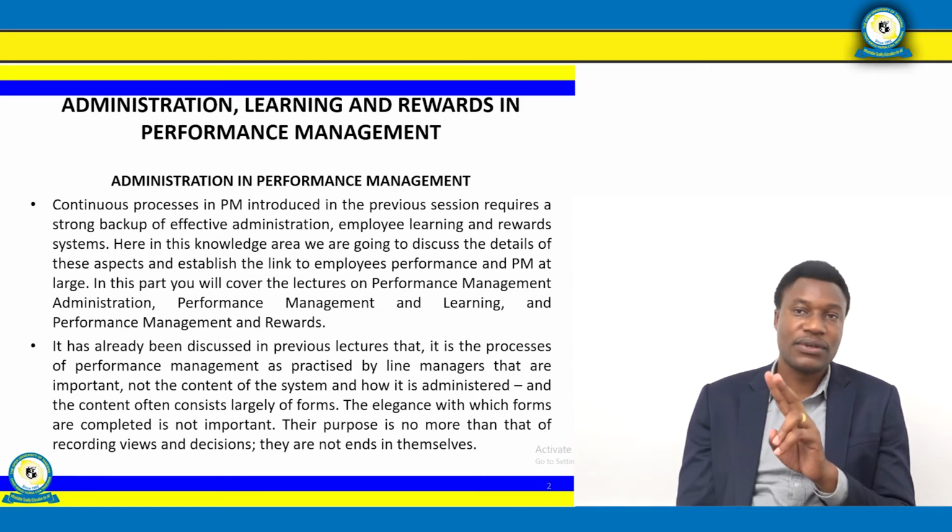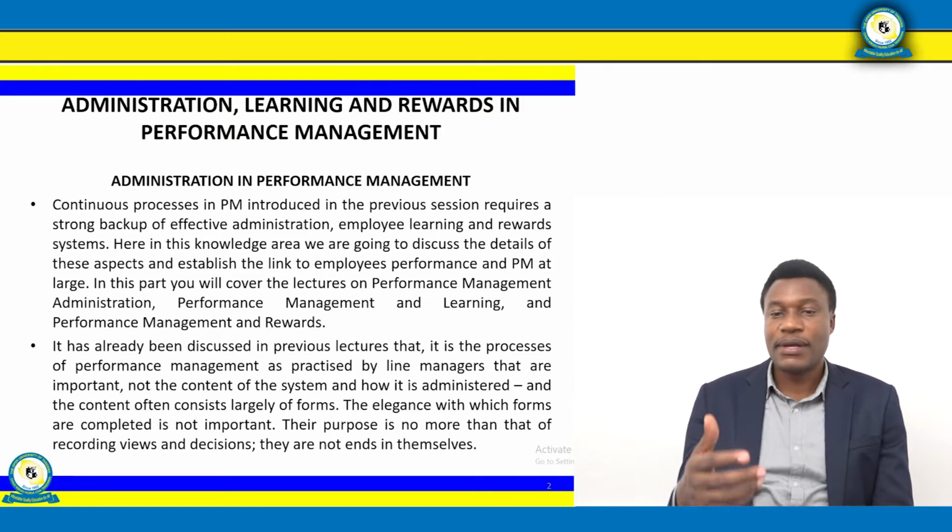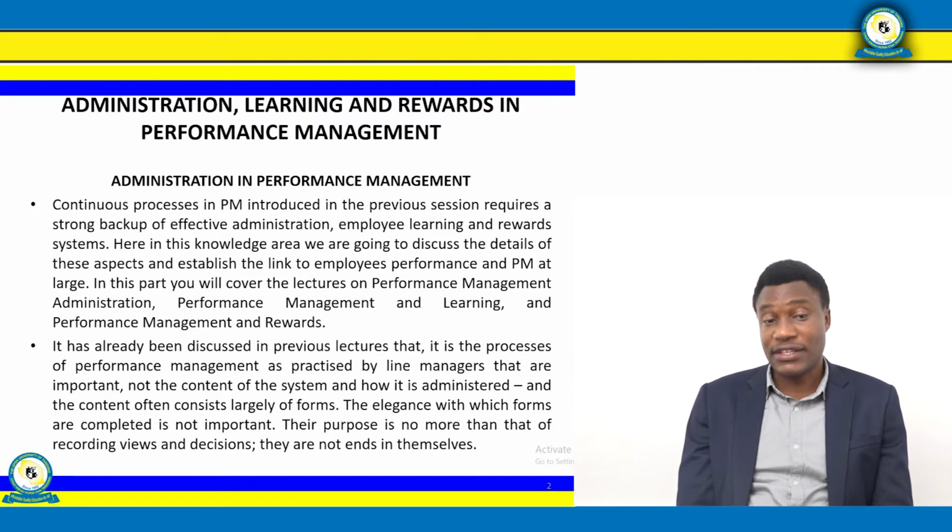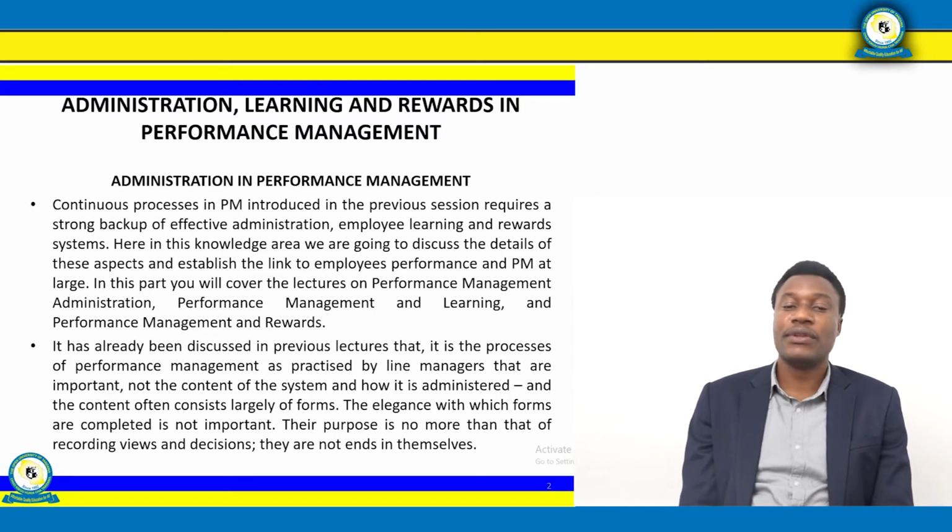These are two things we have to understand: employee performance and performance management at large. In this part, we will cover lectures on performance management administration, as I've said, performance management in learning, and performance management in rewards.